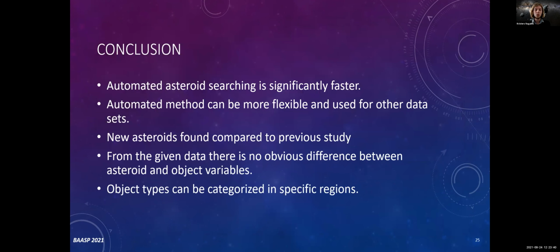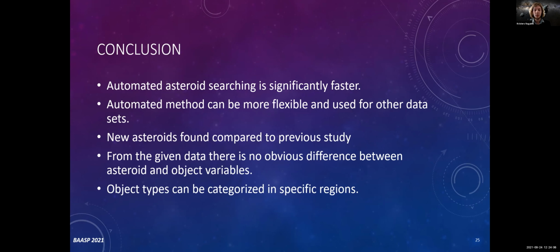So, in conclusion, automated asteroid searching is significantly faster and more flexible because I can choose a different uncertainty region, and I can also use it for different data sets. I found more asteroids than in the previous study. Well, maybe not more, but some new ones at least.